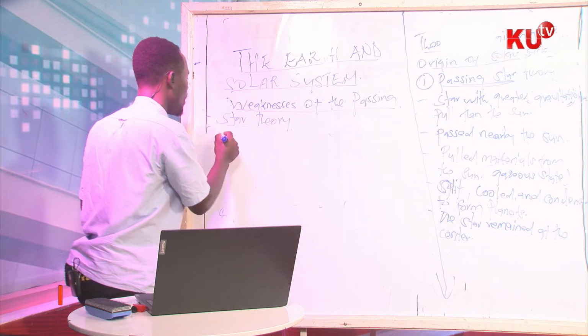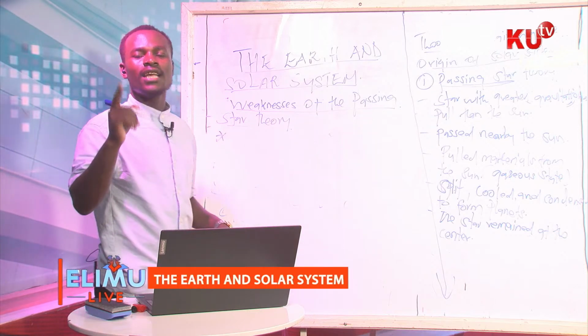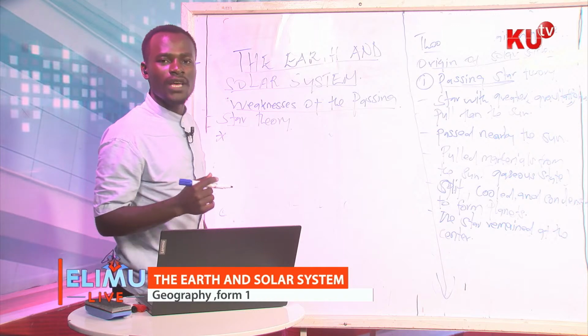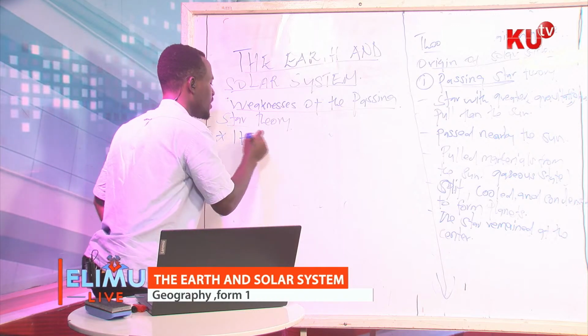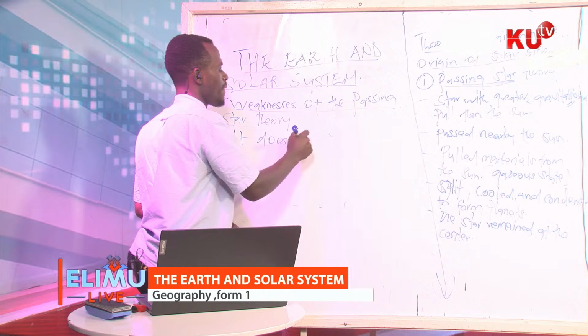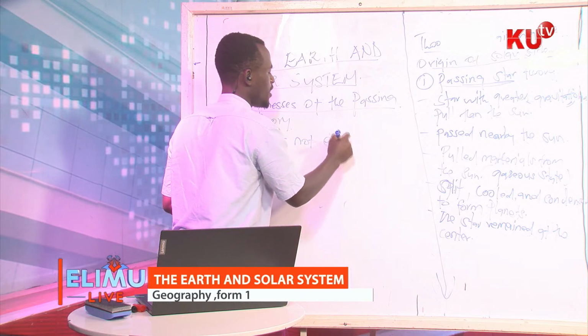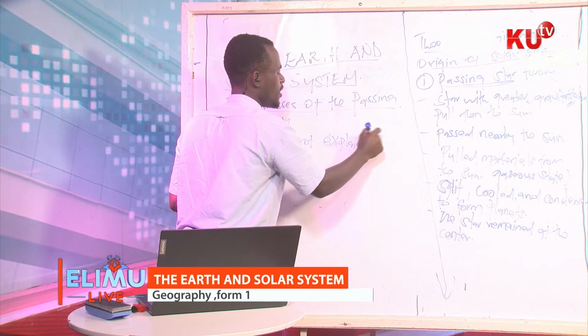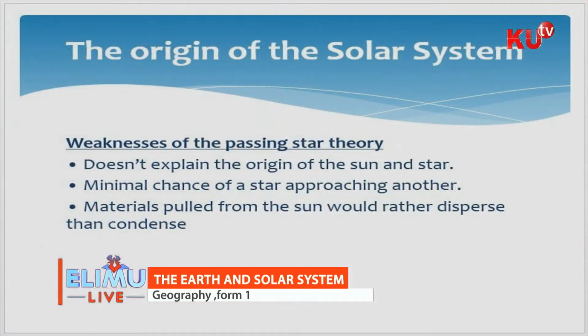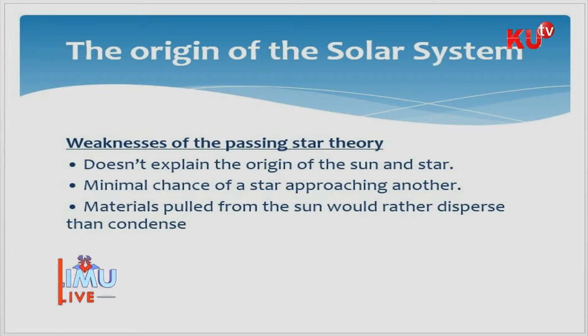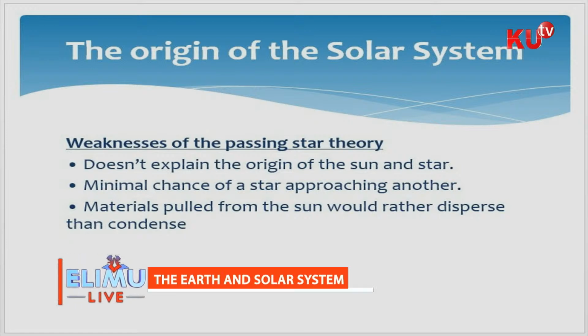So weakness number one, it does not explain the origin of the star. It is just telling us that the star existed, but it does not explain the origin of the star.